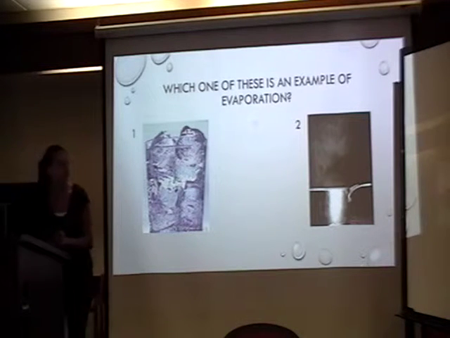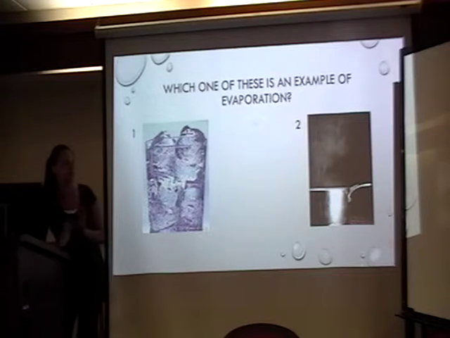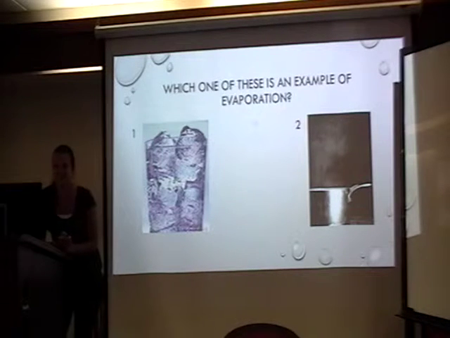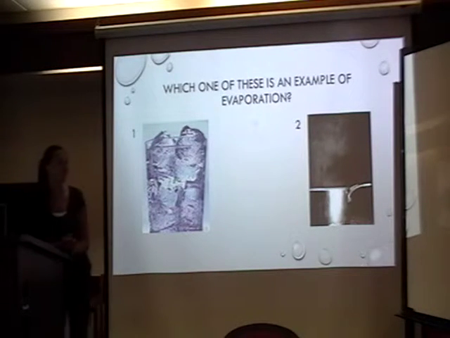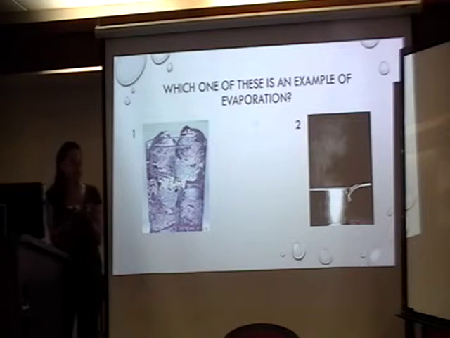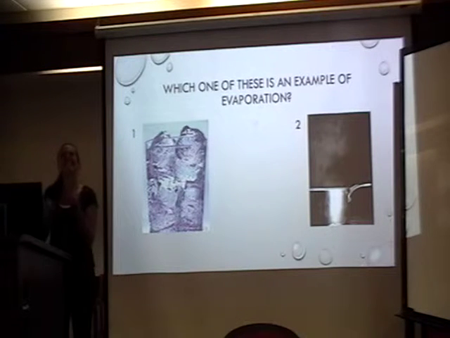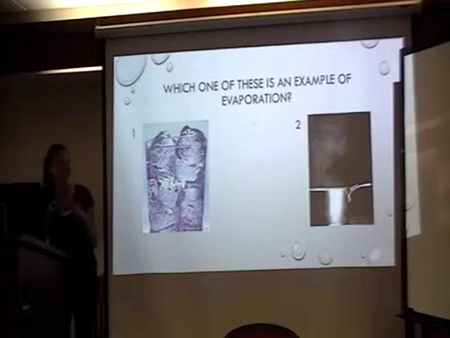The examples of evaporation don't just have to be coming from lakes or oceans. We actually evaporate water all the time. So when your mom's cooking noodles on the stove for macaroni, the stove heats the pot underneath it, and it boils the water, and then steam comes out, which is the evaporation.